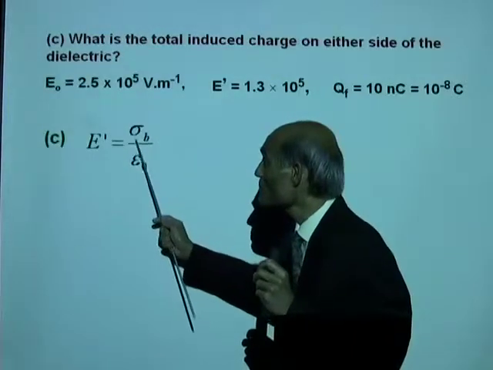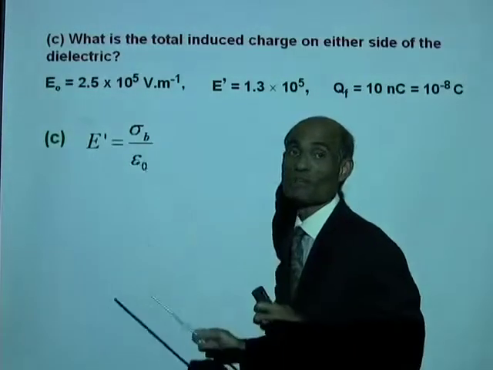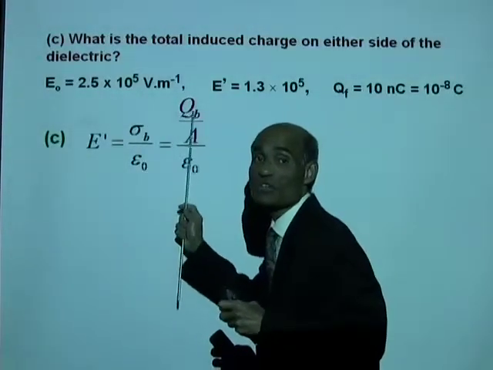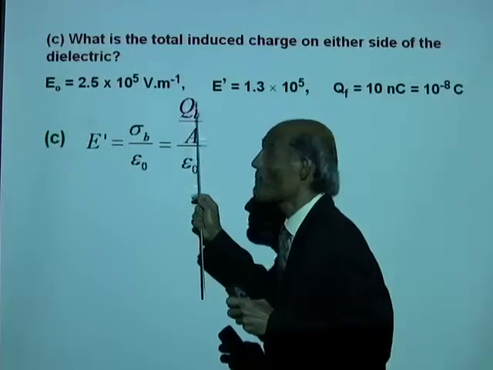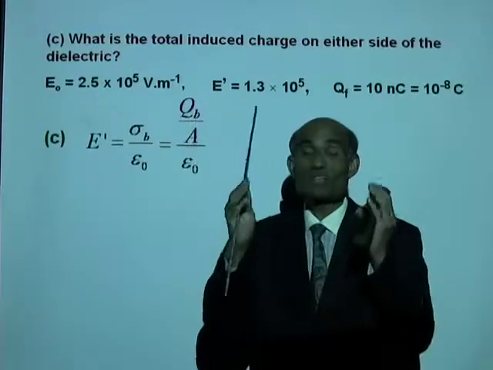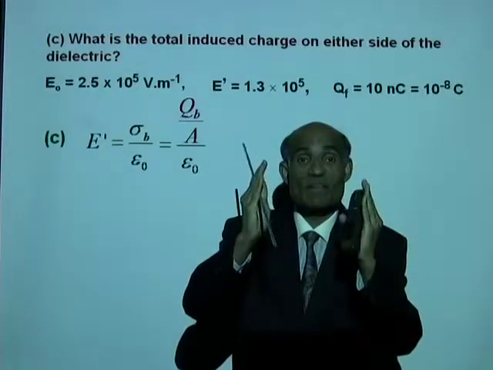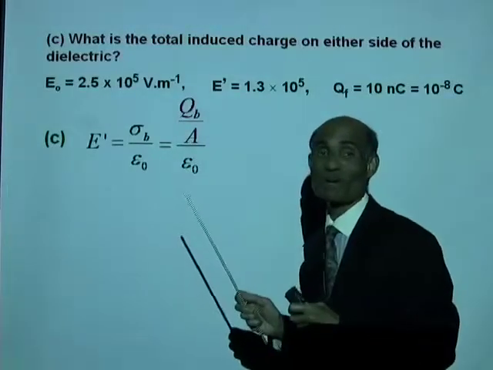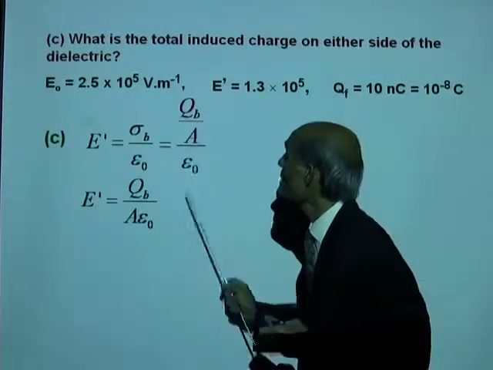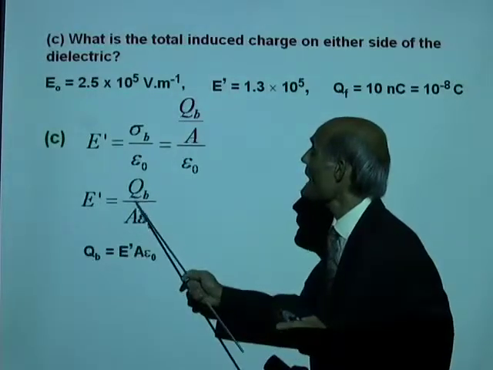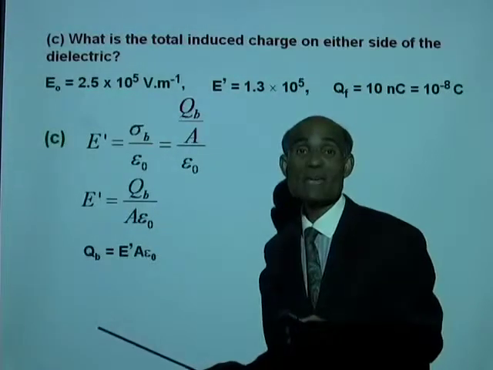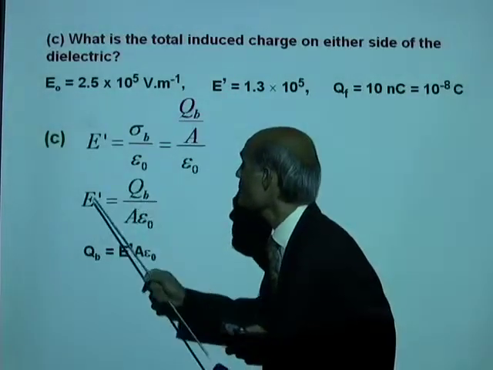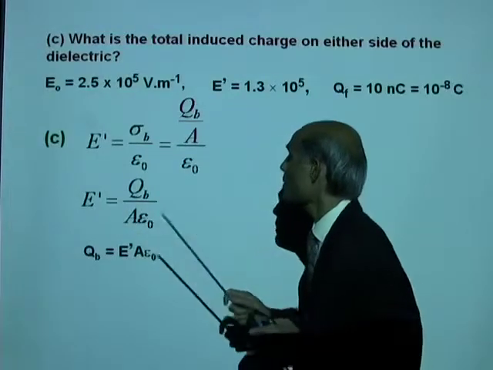So E prime equal to the bound charge density divided by epsilon naught, and the bound charge density is the amount of bound charge, that means the amount of induced charge in the dielectric, QB divided by A, over epsilon naught, and that A will come down. And do we know A? Yes, we know A. We calculated that in the previous slide. Now, therefore, QB equal to E prime A epsilon naught.